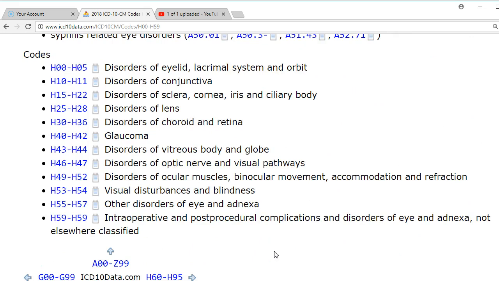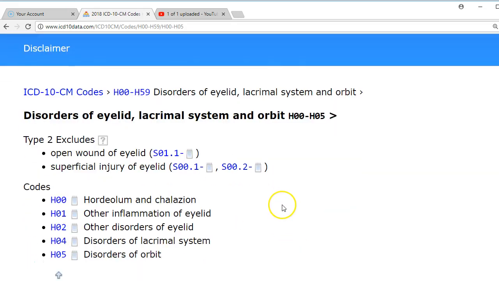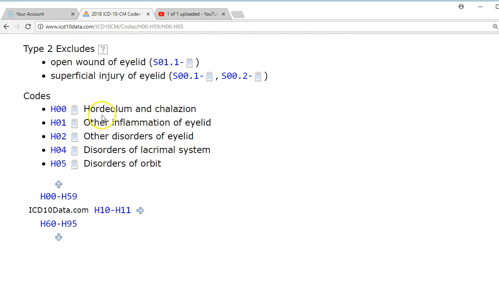Okay, so again, as we go from H00 to H59, now we're going to different parts of the eye. So we're going to see disorders of the eyelid, lacrimal system, and orbit first. As we look at those code categories, again, we're going to see everything, the hordeolums and chalazions, so different inflammations, other inflammations of the eyelids, disorders of the lacrimal system. So these are our tear ducts, disorders of the orbit, the eye bones.